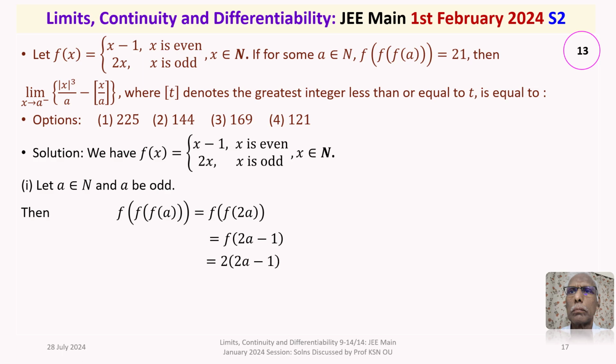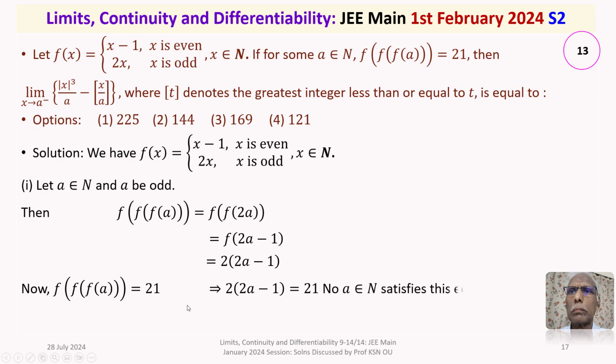Therefore, it will be 2 times 2a minus 1. But this is given to be 21. So now, this equal to 21 will imply 2 into 2a minus 1 is equal to 21. Now, where a is a natural number, you do not find any solution in the set of natural numbers. No a belongs to N satisfies this equation. Right. So that's the case when a is odd.